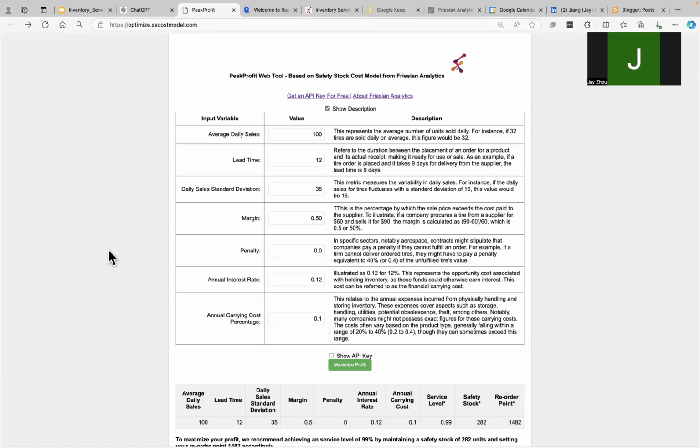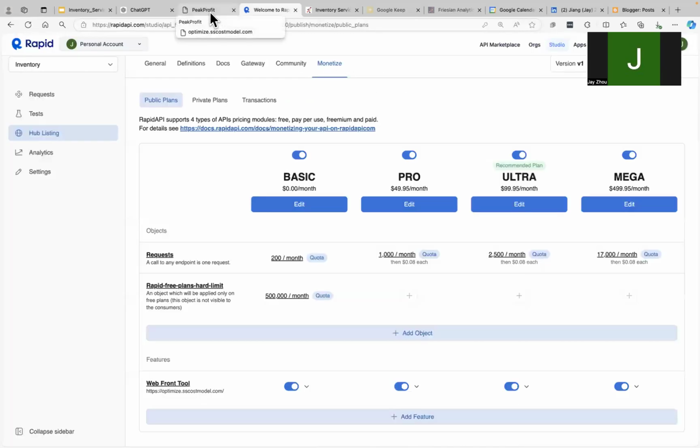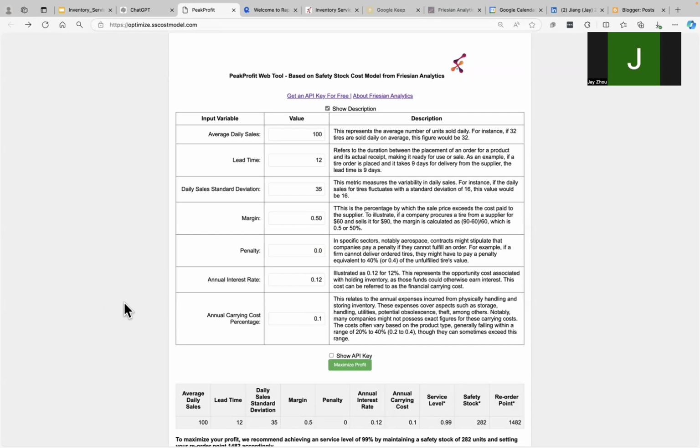Then the next tier is something like $99. Then the last is $4.99. So you have certain tiers of pricing, and if you go beyond, they limit the number of calls, and if you go beyond that, you can pay extra cost per usage, like 8 cents per call.